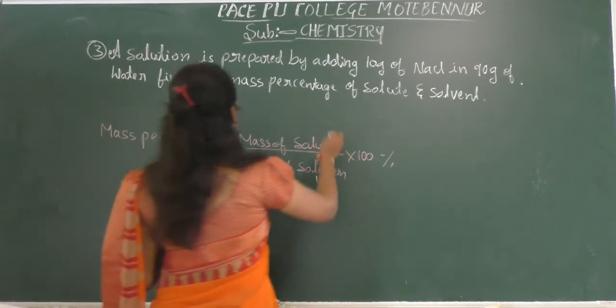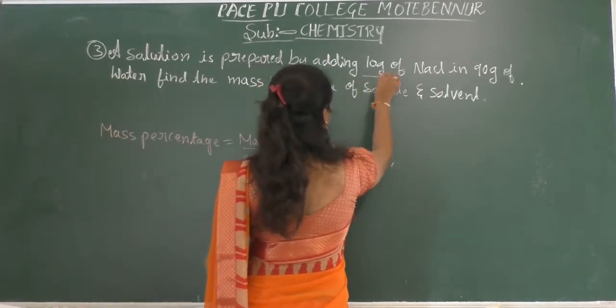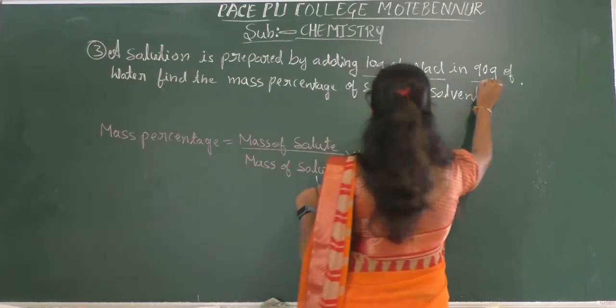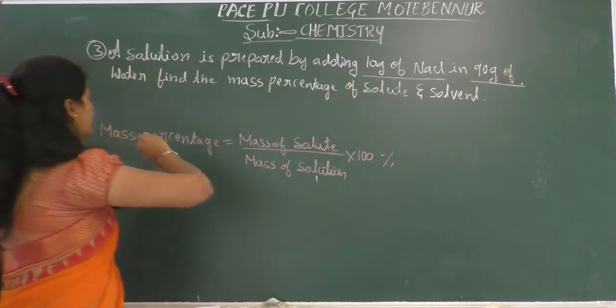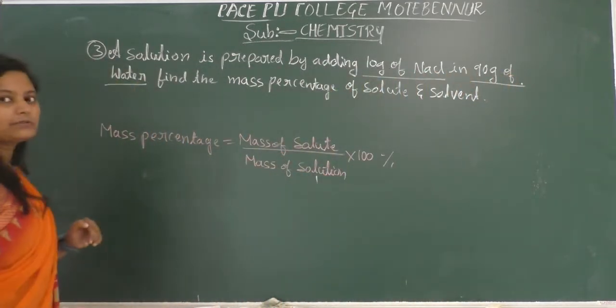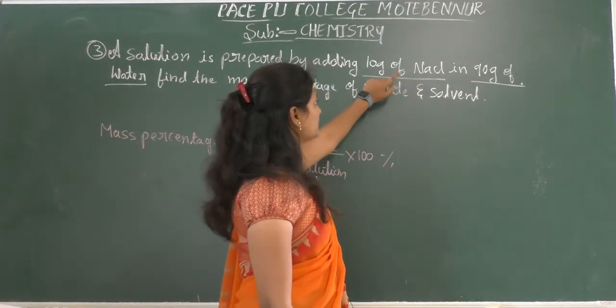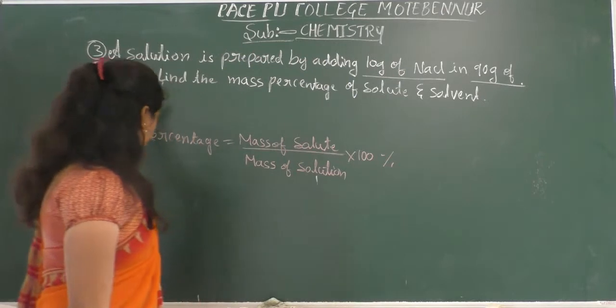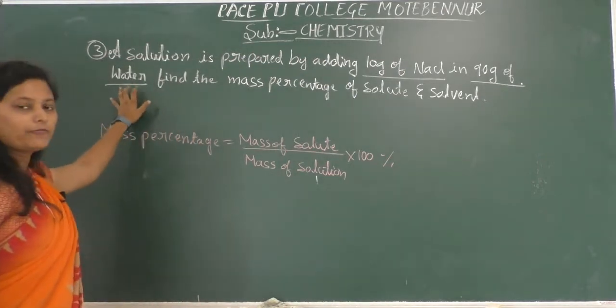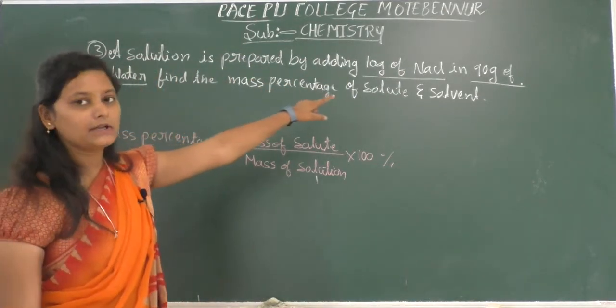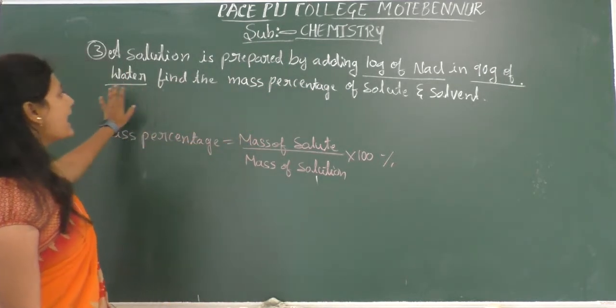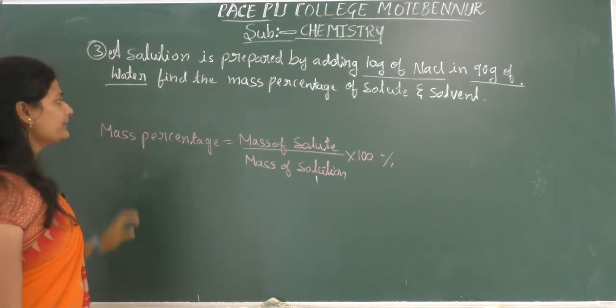The given data is, here we are going to add 10 grams of NaCl to 90 grams of water. Okay, so here which one is solute and which one is solvent? The NaCl is going to dissolve in the 90 grams of water, that's why NaCl is a solute and water is a solvent.